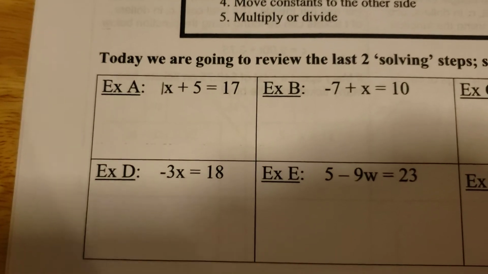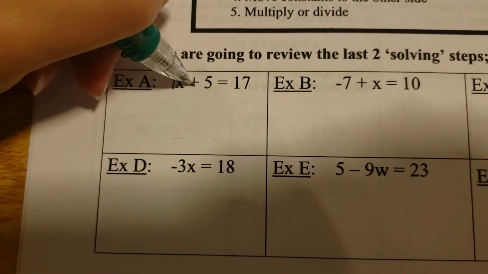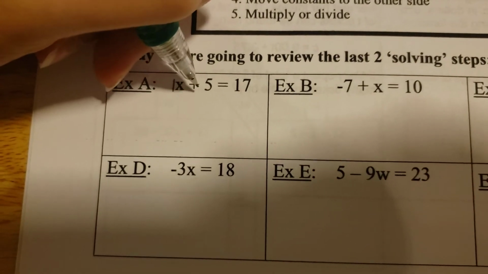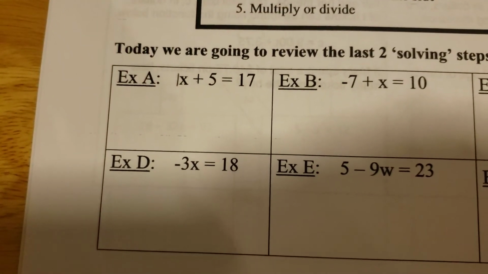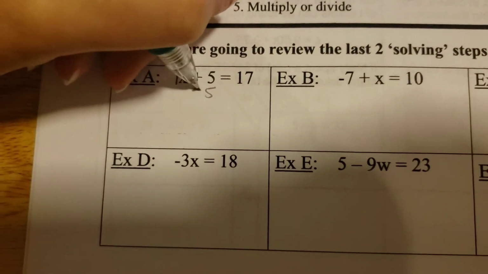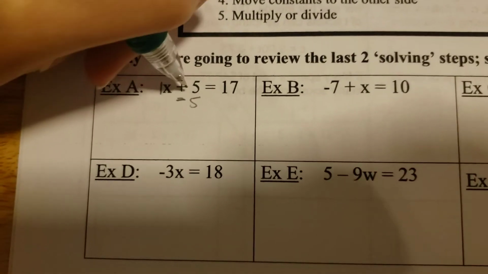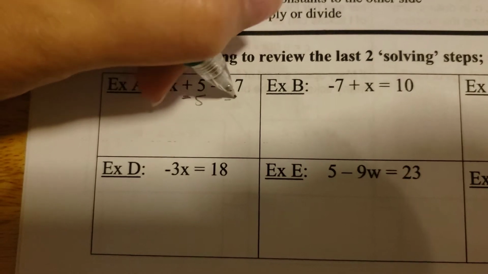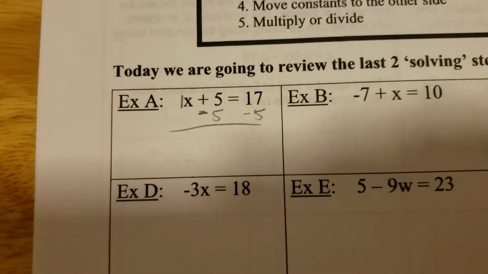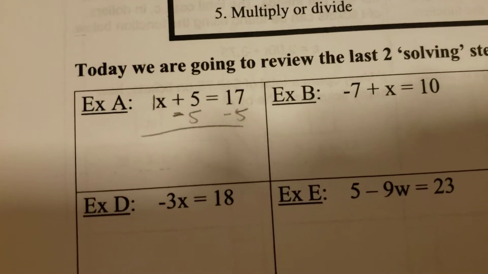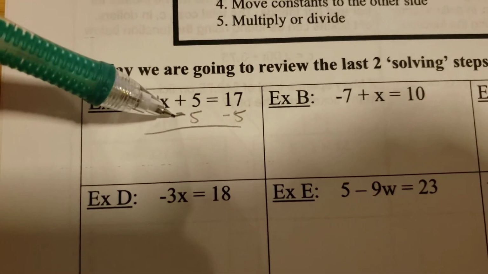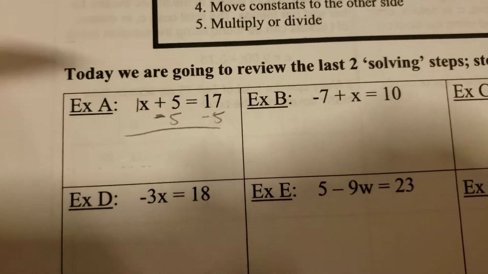No. So they're going to say to him, okay, we're going to go do this, but they're going to tell him the opposite, right? To get them to go away. So what's the opposite of plus 5? Minus 5. So they're going to tell him we're going to do minus 5, and we're going to do minus 5 on both sides because we have to be equal because this is an equation. Whatever you do on one side, you do to the other. So to get rid of the plus 5, they said minus 5, and we do that on both sides.